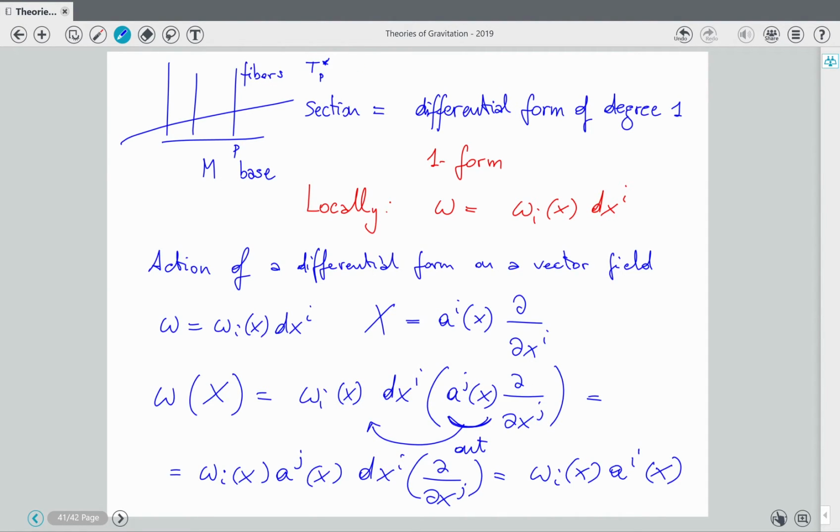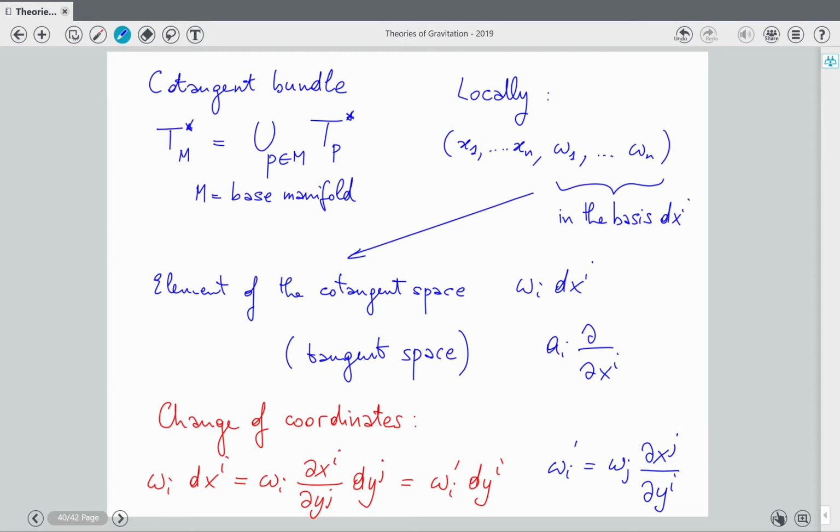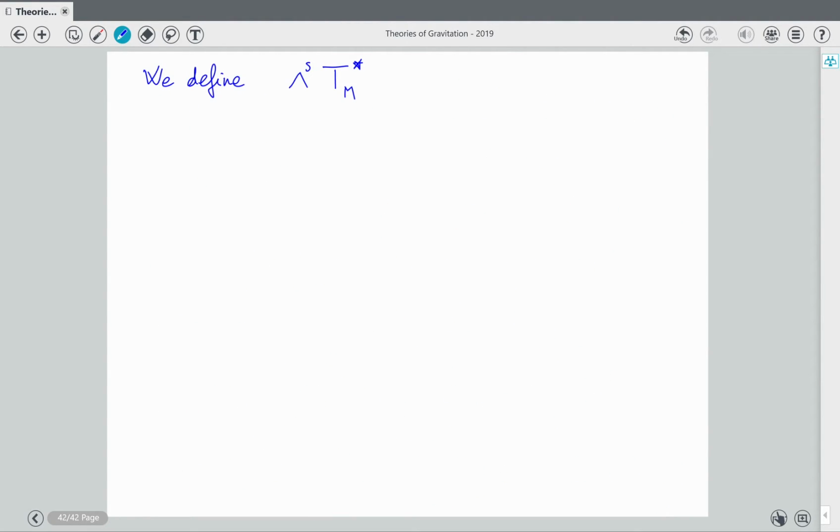Let me check whether, yes, TM star is the fiber bundle. So this is a wedge product of the fiber bundle s times with itself, which is another fiber bundle, but in another topological manifold. So this space is the space of the anti-symmetric forms of degree s.